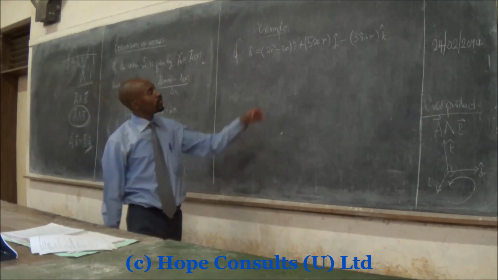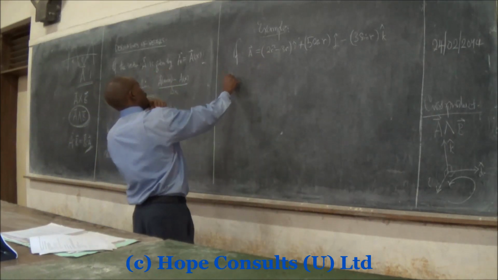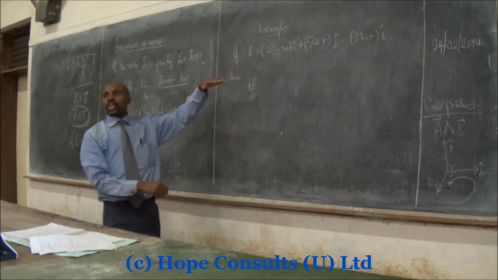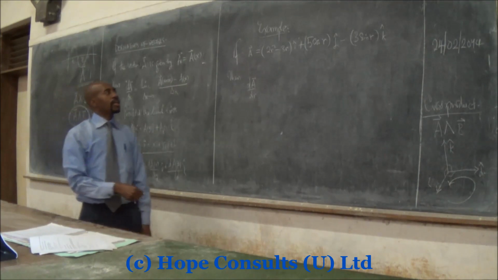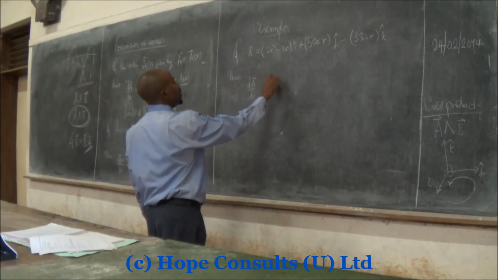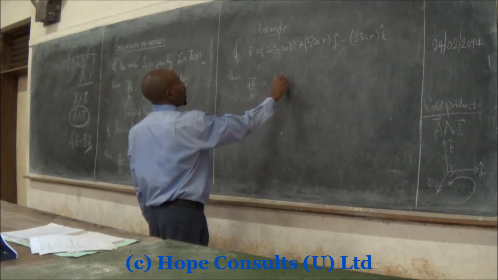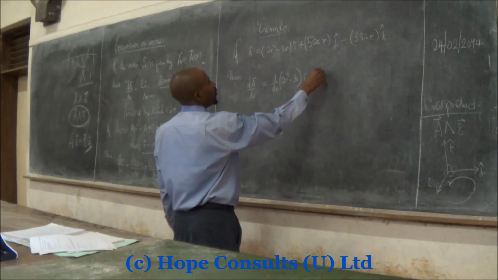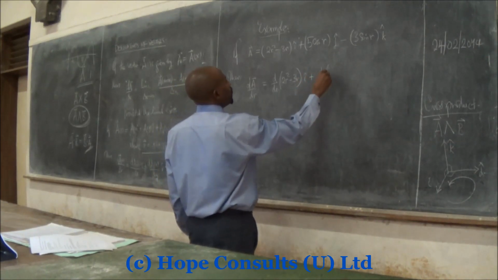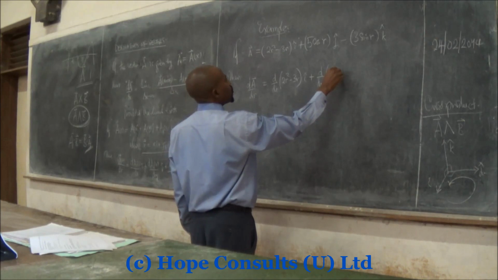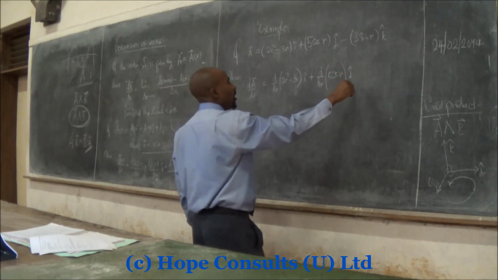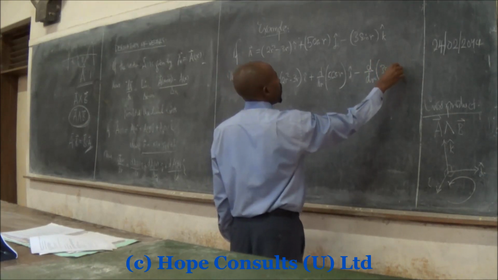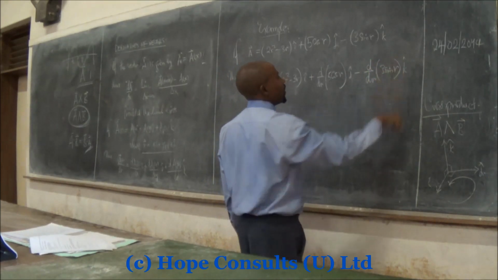So our dA dr, we shall individually differentiate each, so this would be dr of 2r squared minus 3r along the i plus dr of 5 cos r along the j minus dr of 3 sin r along the k.